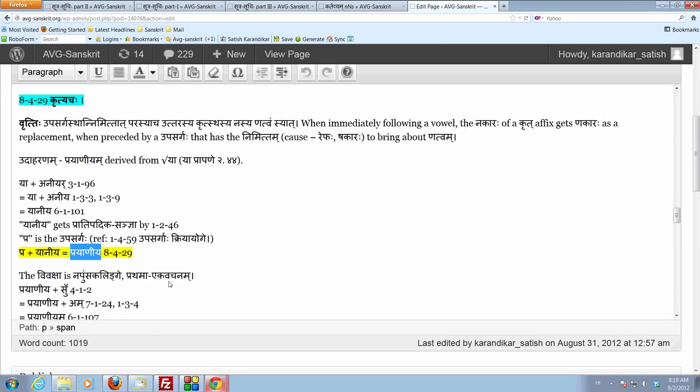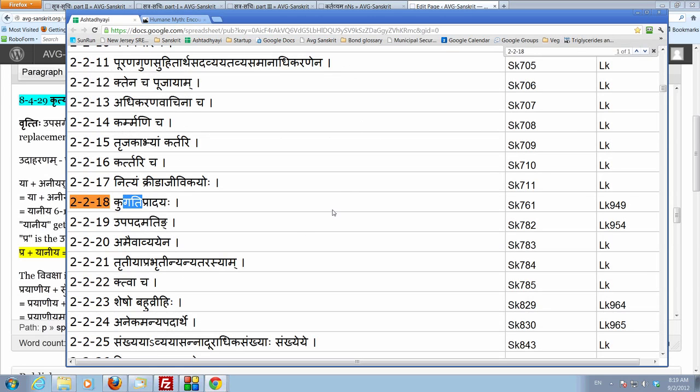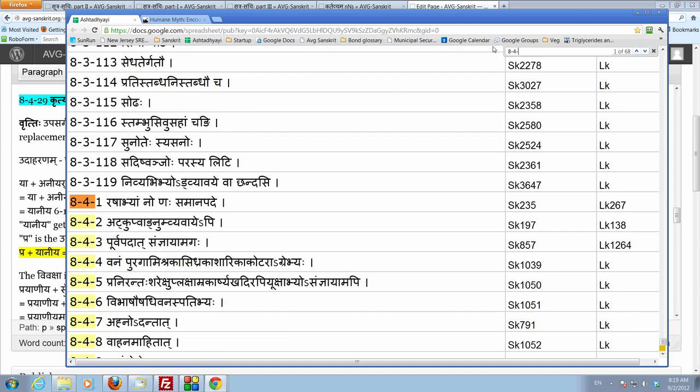by 842, at kupwang num vyavayepi. So the natvam only takes place as long as the intervening letters are those given in this sutram at.